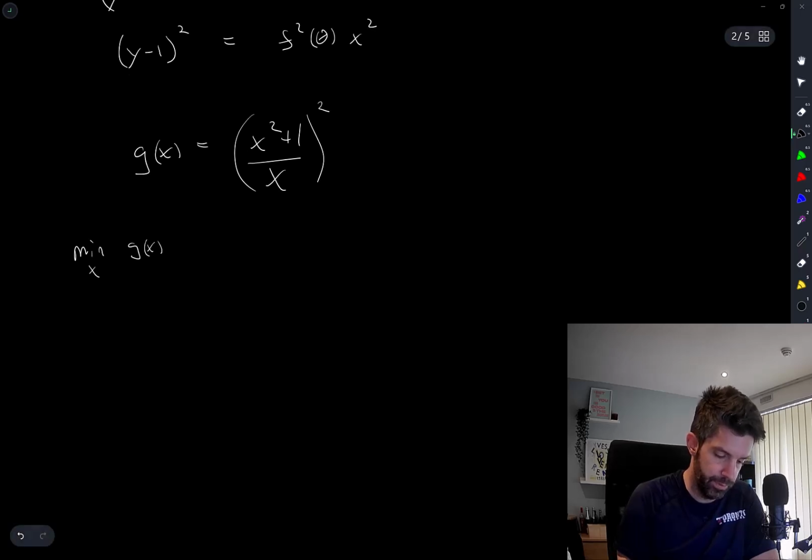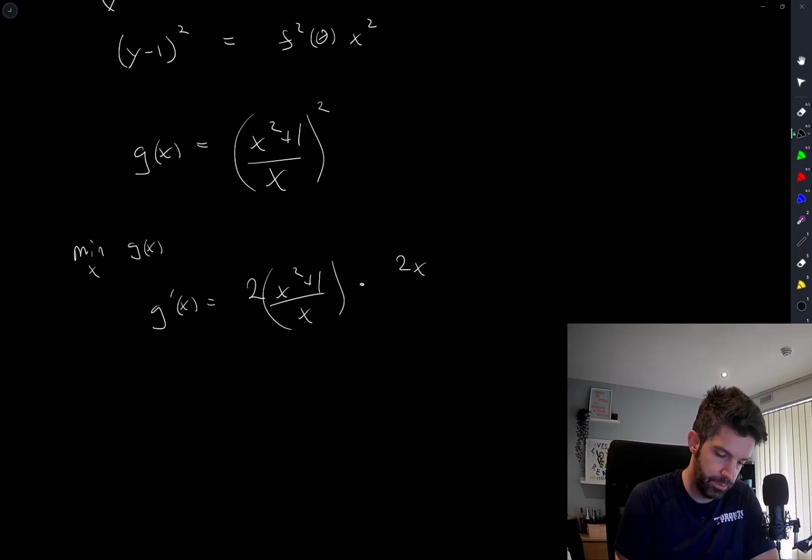So let's take a derivative. G prime of x is, and I don't even really need the squared part, but we'll continue with that, 2 times x squared plus 1 over x, times the derivative of the top, 2x, times the bottom, minus the derivative of the bottom times the top, divided by the bottom squared.